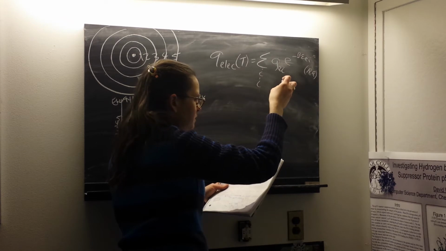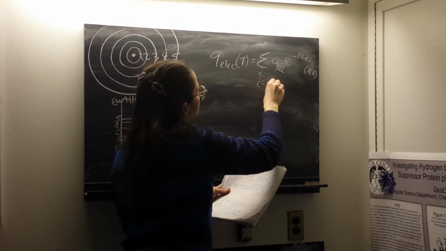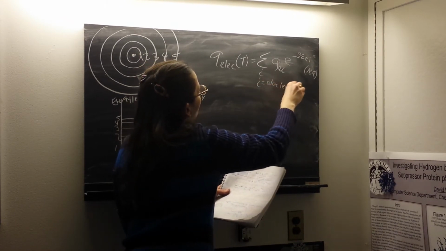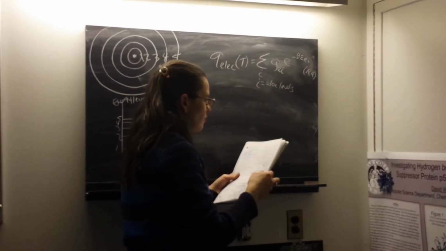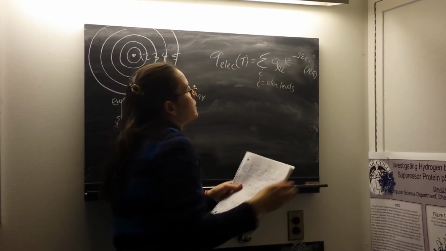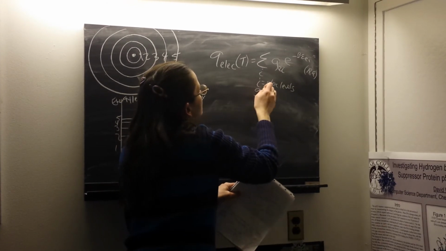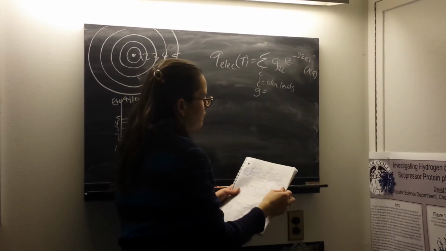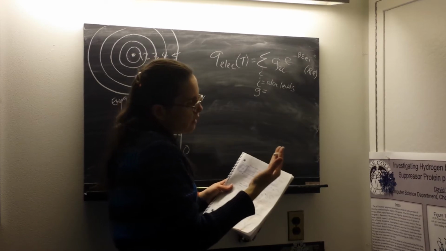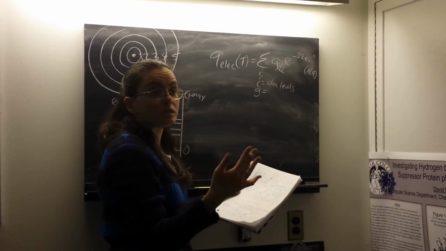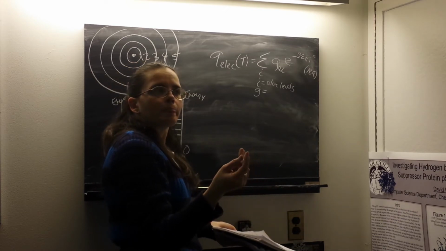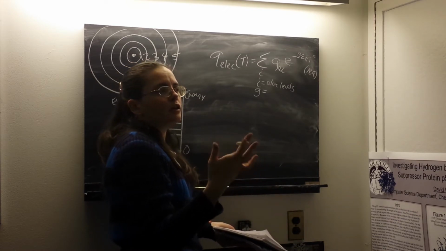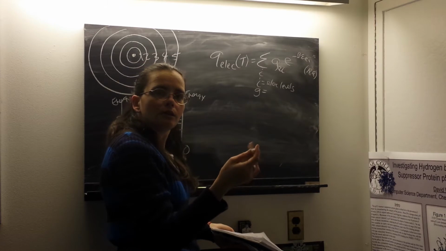So i is going to be the electronic levels. So the i's are representing these levels right here. g is for degeneracy. So we've actually seen the degeneracy in the bead models already. So this means that if you have two energies which are going to be the same value. So when we think about electrons, we should think about, for example, the x, y, and z and the p subshells.